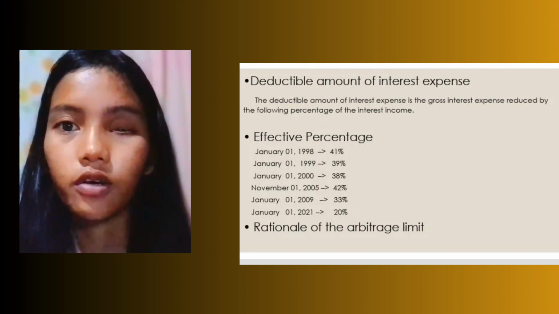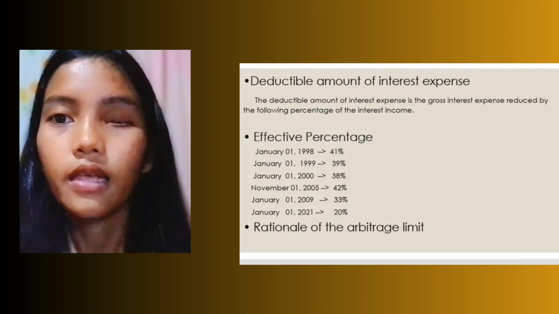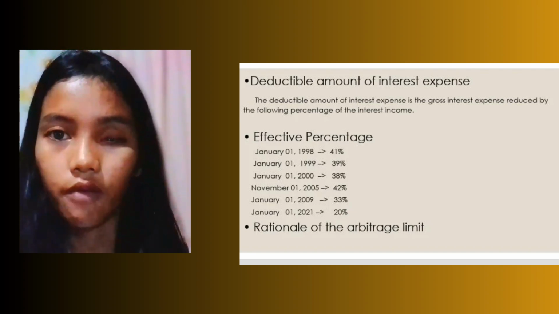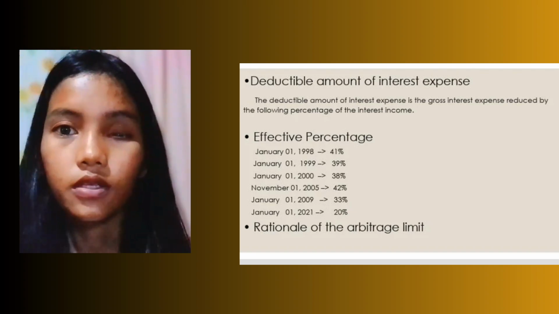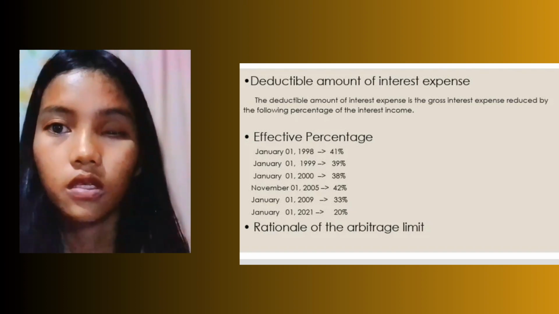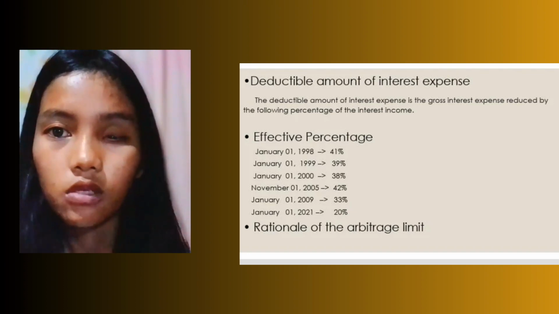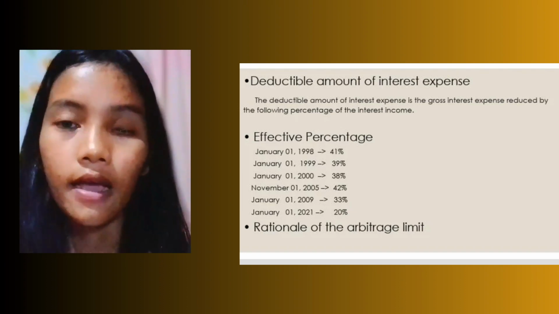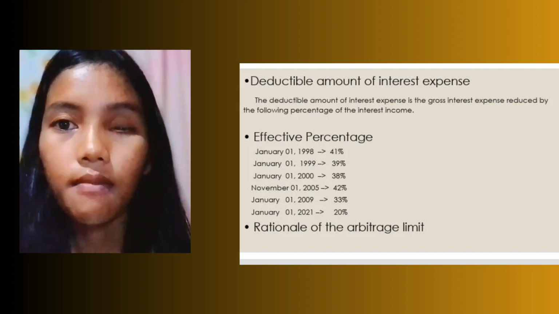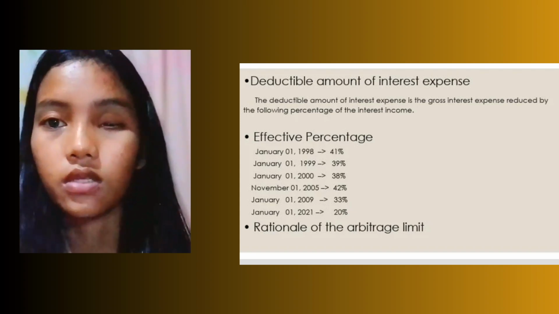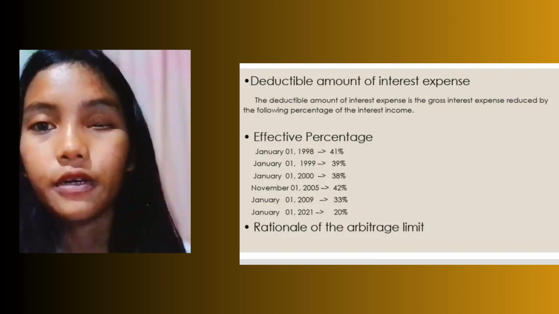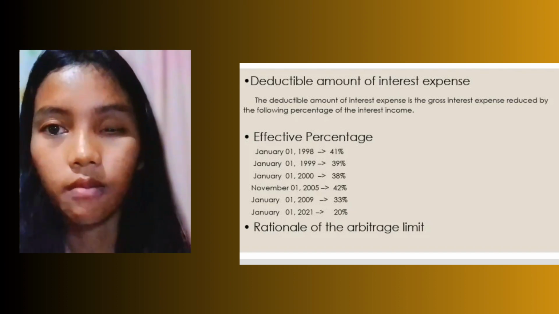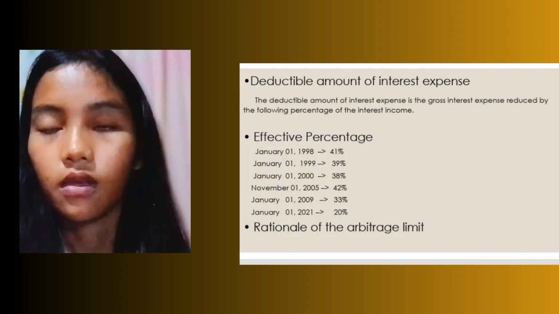The deductible amount of the interest expense is the gross interest reduced by the following percentage of the interest income. This is the effective percentage, starting January 1, 2021. This is the percentage we subtract to determine our deductible interest. The percentage is referred to as the arbitrage limit or arbitrage cap.